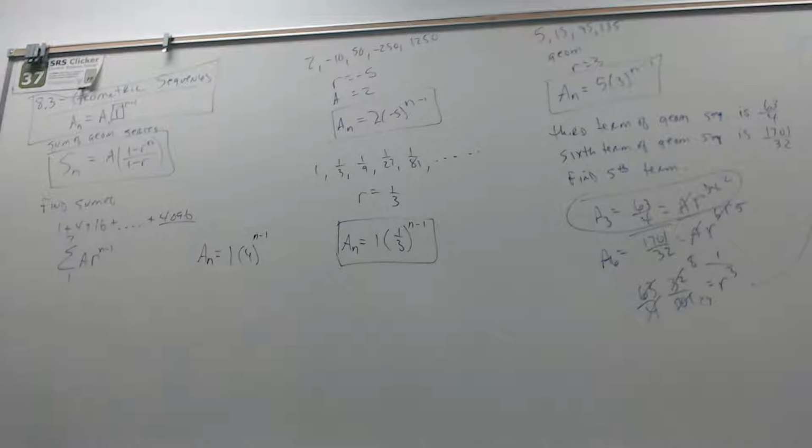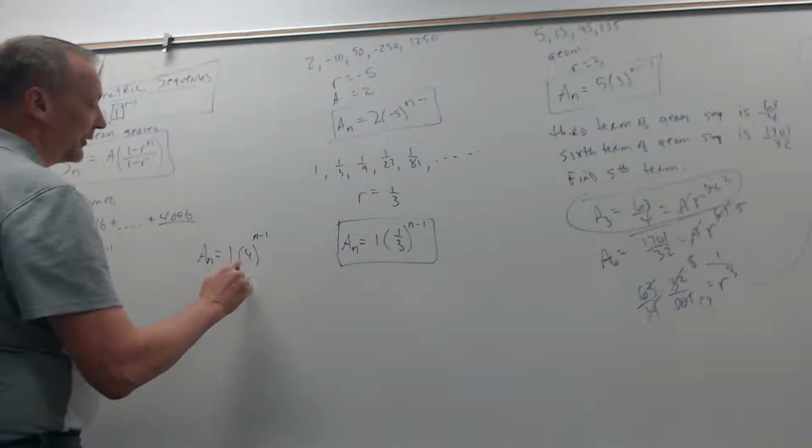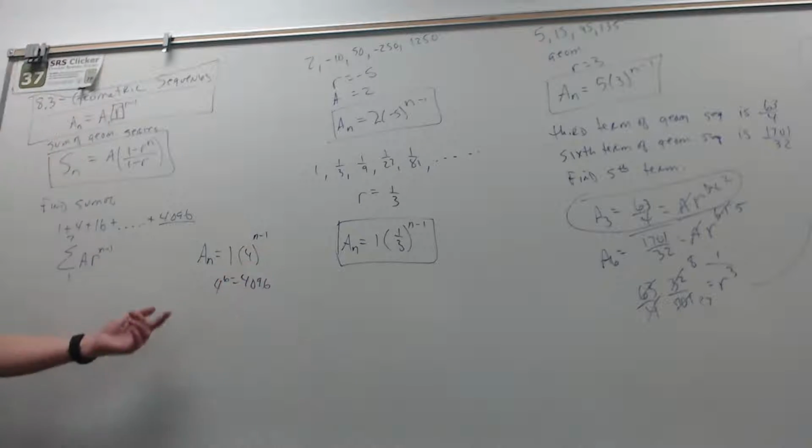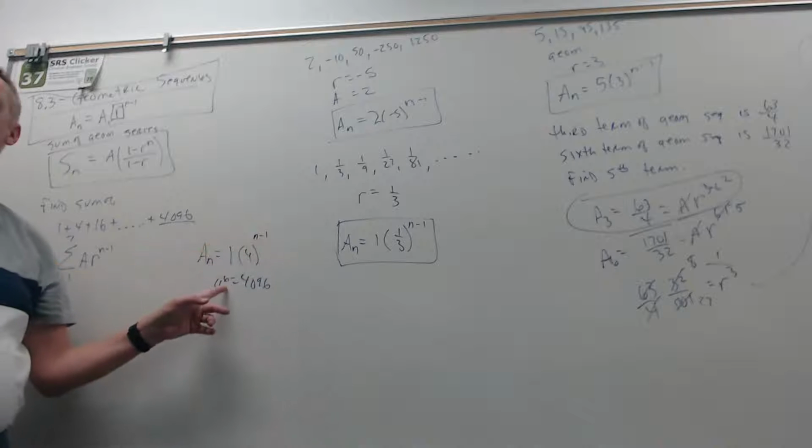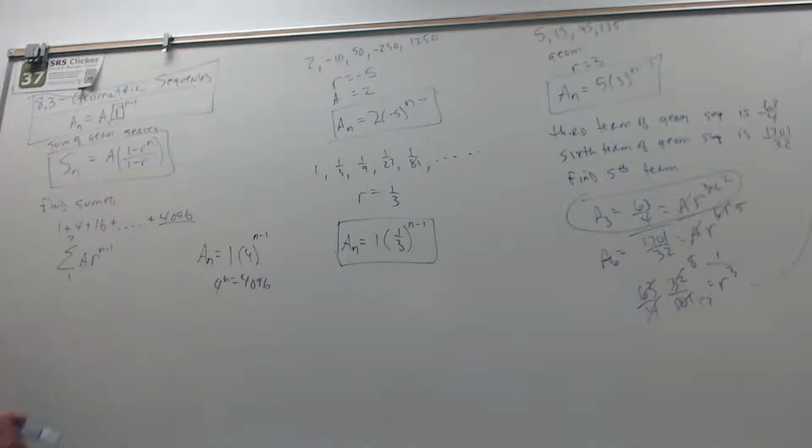I thought there was a better way to do that, but clearly 4 to the 6 is 4096. So which term is that? If n minus 1 equals 6, what's n? 7.